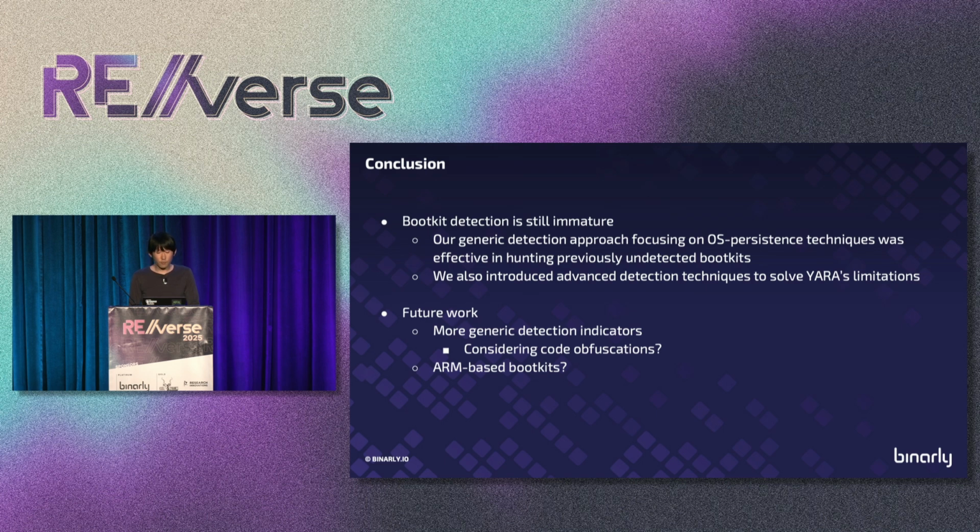For future work, we will create more generic detection indicators from different perspectives. And we have never seen ARM-based bootkits, so we may try to find it or create it.